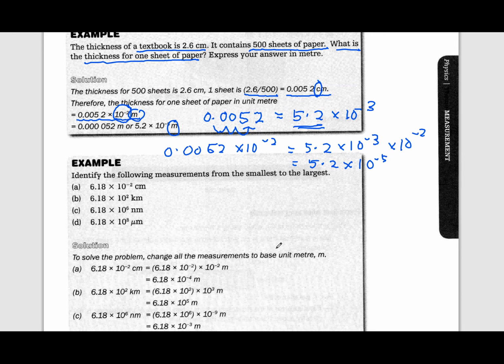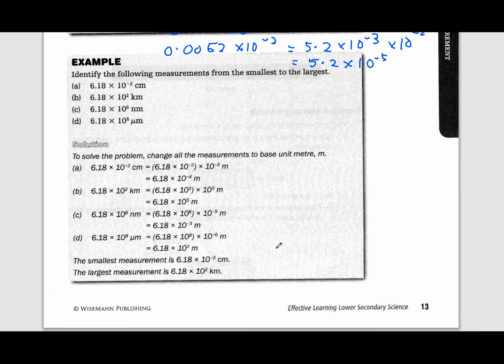Another example, we need to identify the measurements from the smallest to the largest. The best thing to do is to convert everything to meters. Let me just make this a little bit bigger for you to see.